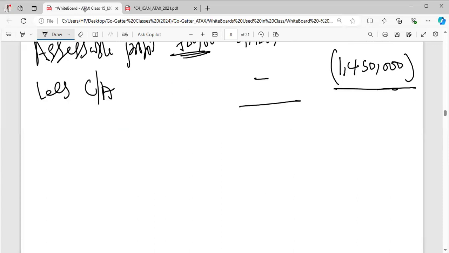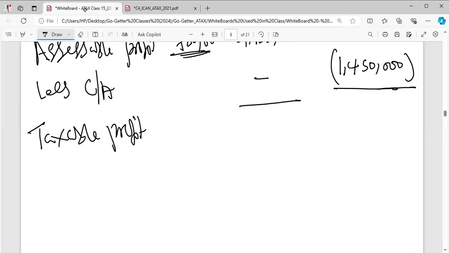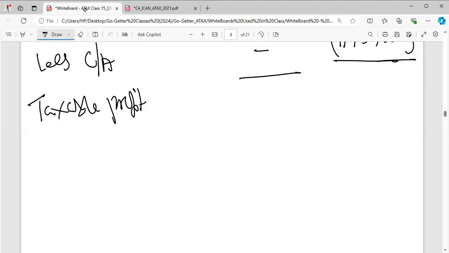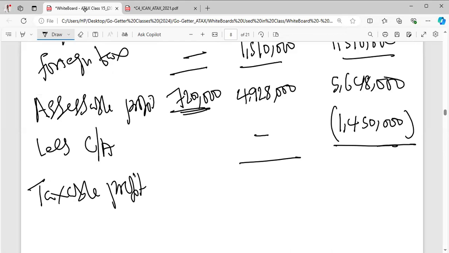So you have taxable profit. Because when you less your capital allowance, your taxable profit now becomes, here is 4,928,000.